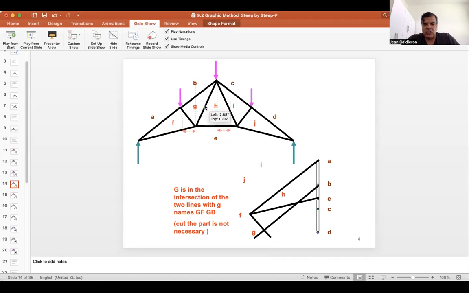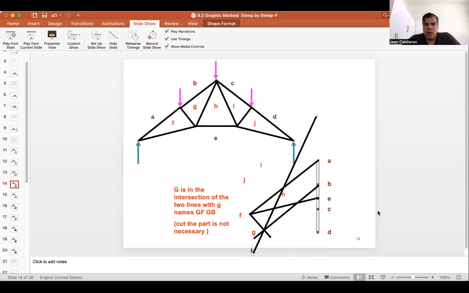Well, I take GH, I already have G, it's important to have one point, okay? And I put it here, and H is in some place of this line. I made this line long, because I don't know where H will be yet. I made the line long, and I find another element that could help.